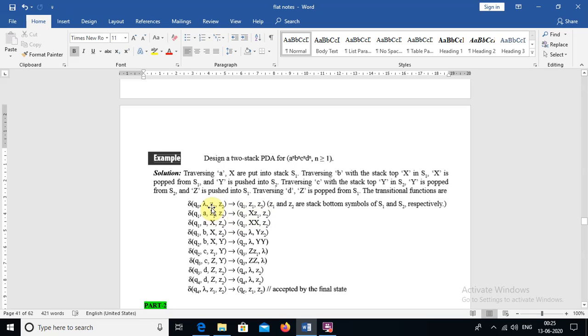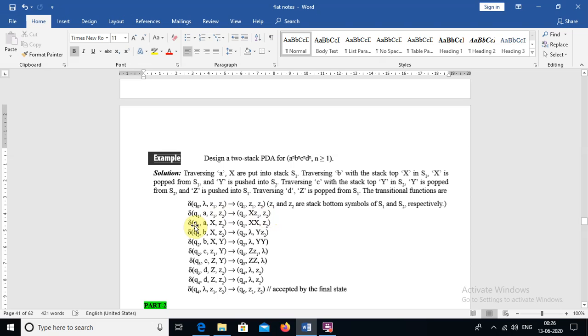Here Z1, Z2 are popped. Okay, if you are in the Q1 state and A is the input symbol, you can pop Z1 from S1 and Z2 from S2. You stay in the same state Q1, and you can push XZ1, that means Z1 is pushed first and X is pushed next, and you can push Z2 into stack 2.